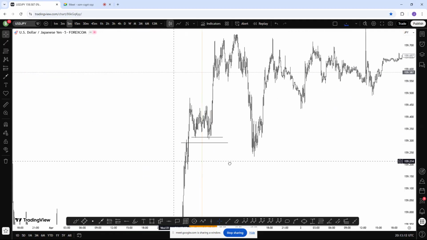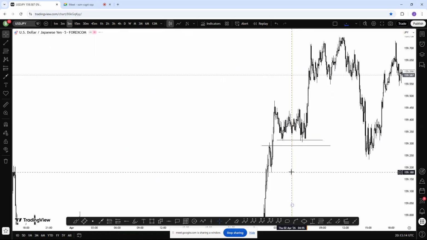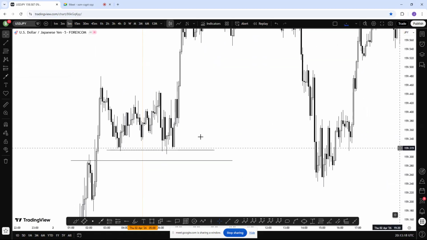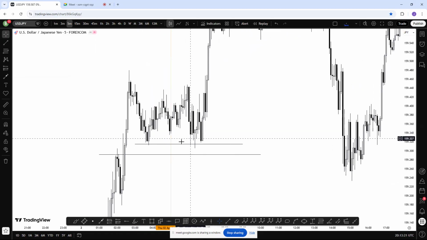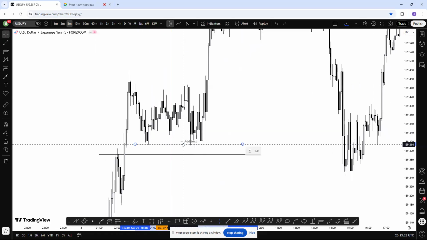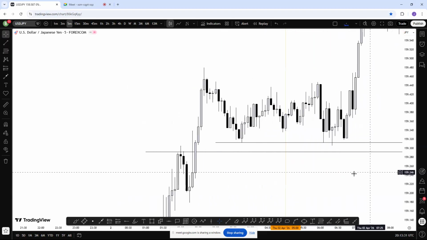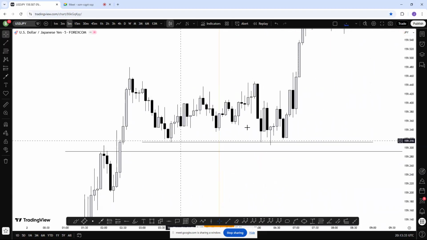Let it go. As you can see, you have to make sure it's clear. If you don't adjust the line very well, you may buy from here because you see an order block, but the market did not touch the zone yet.